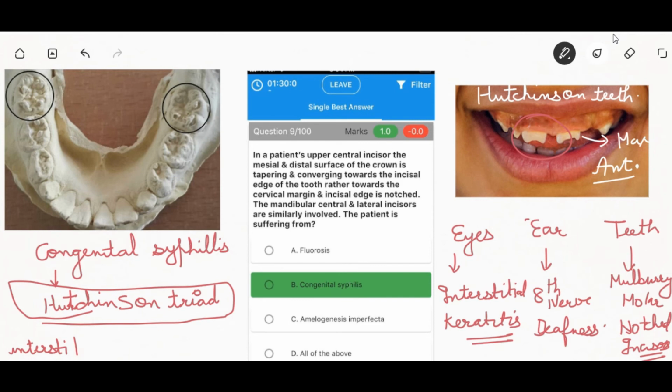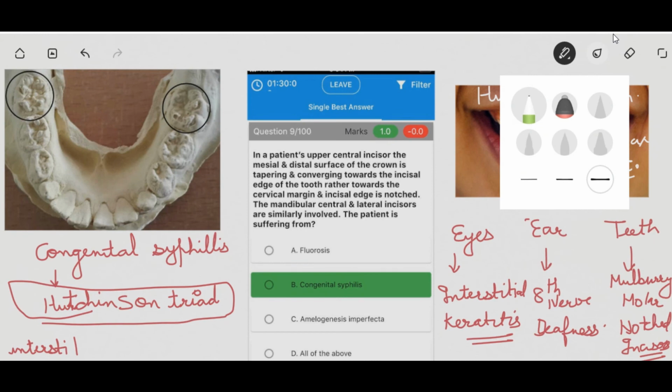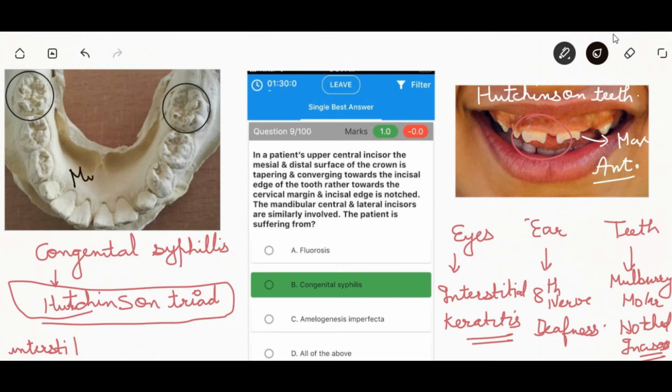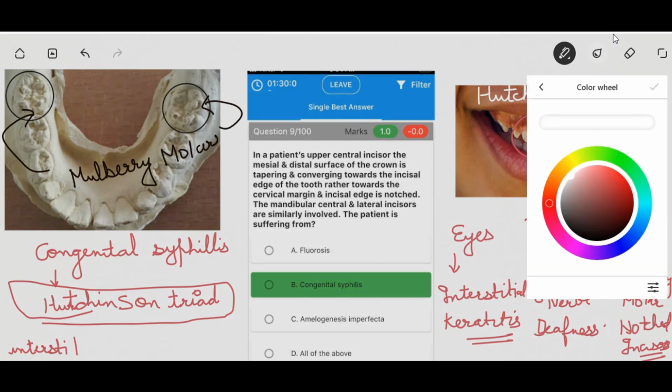The anterior teeth are known as Hutchinson teeth, while the molars are referred to as mulberry molars, moon molars, or Fournier molars. Now coming to the question, in congenital syphilis you will see the upper central incisor that is screwdriver shaped. What shaped? A shape like that of a screwdriver.